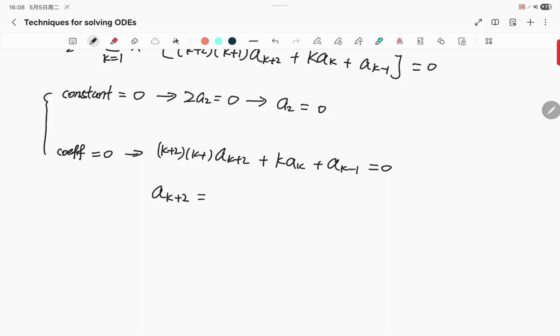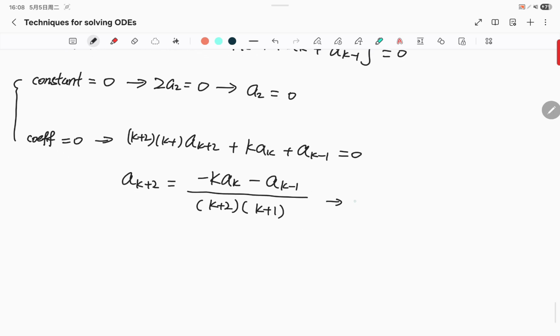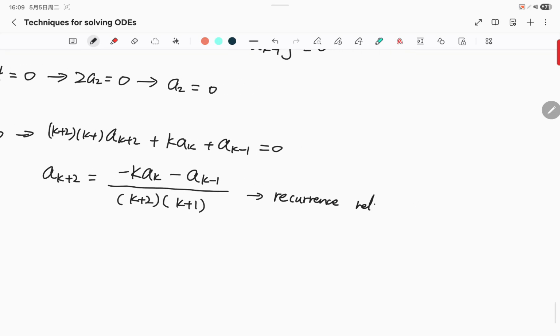It is equal to, we simply put this to the other side, minus k, ak, minus a, k minus 1, divided by k plus 2, k plus 1. And this is my recurrence relation.